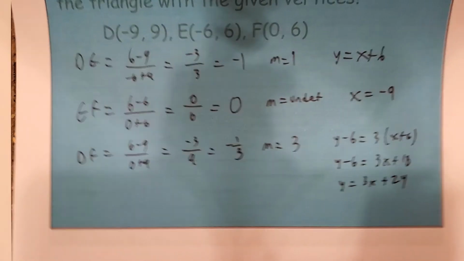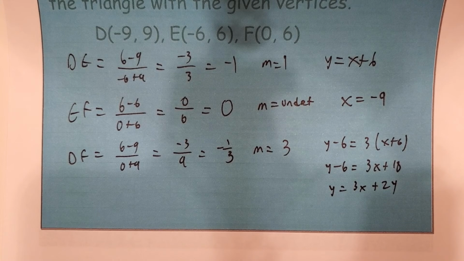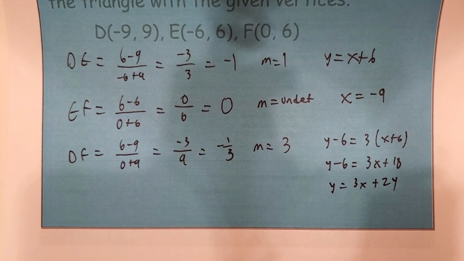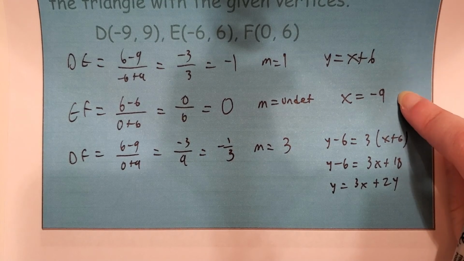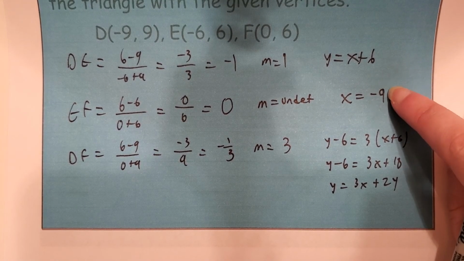All right. Now here's the nice thing about this specific problem. We don't have exclusively special cases, we don't have an x and a y, but we don't even have to set up a system for this, because we already have our x value. It's going to be 9. I mean -9, sorry.